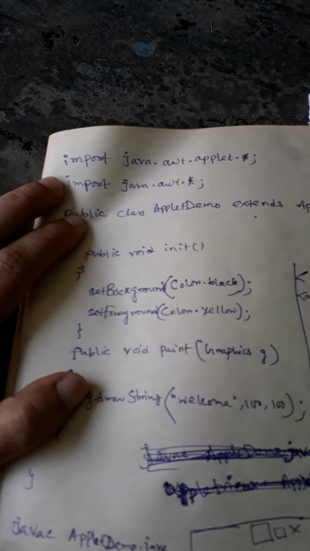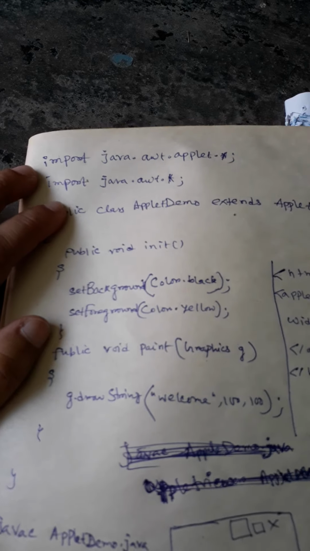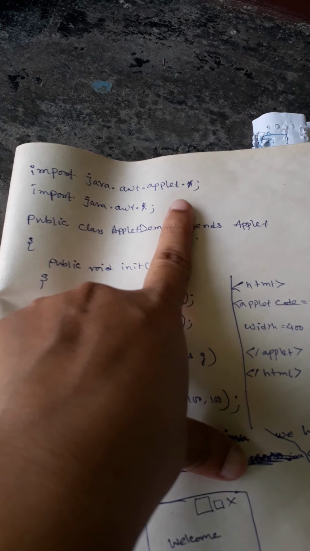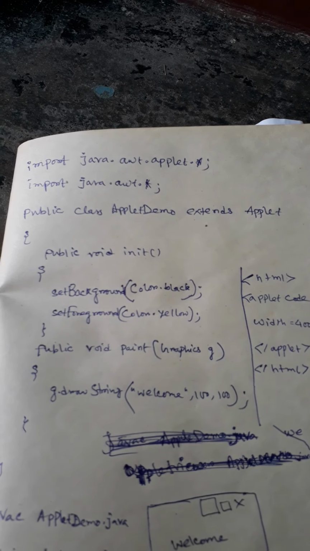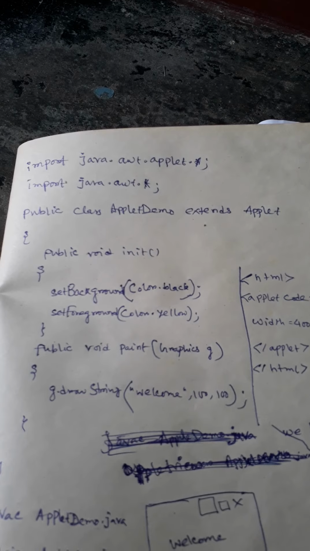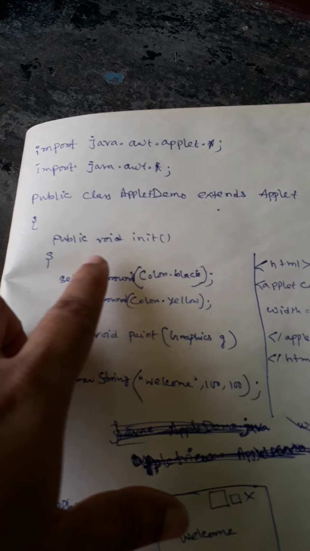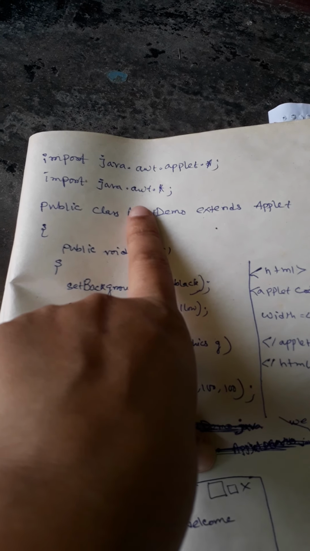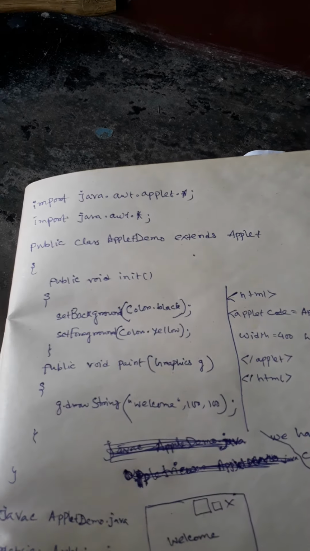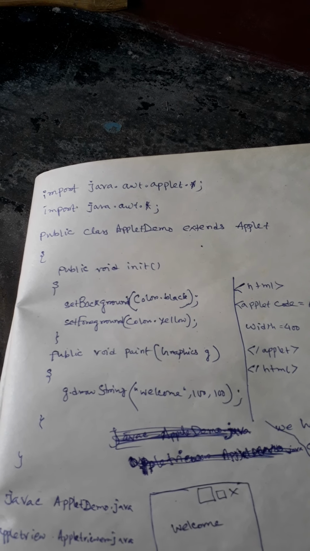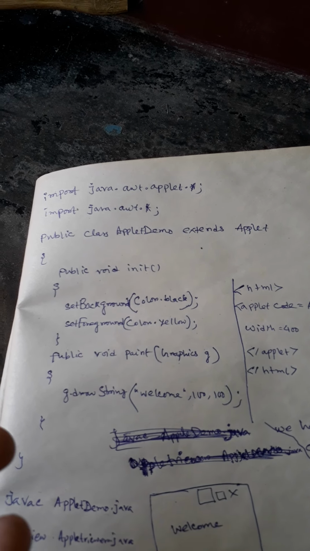Some explanation: first of all you have to import packages in your applet code. One is the applet package, and the applet class must be there, because without the applet class you cannot use the init method or any start, stop, or destroy method. And then you have to import the AWT package, because within the AWT package there are many classes, like the Graphics class, with methods like paint and drawString, which you have to use.